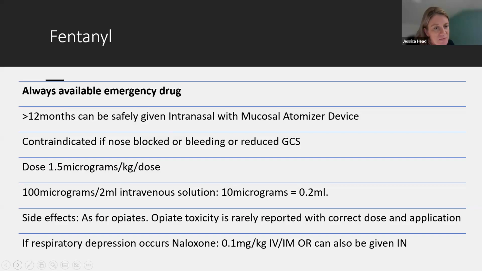So you work out the math for the dose. The side effects are really the same as opiates, but are very rarely reported with the correct dose and application. If respiratory depression, which is what everybody is anxious about, does occur, then conveniently naloxone can also be given intranasally.